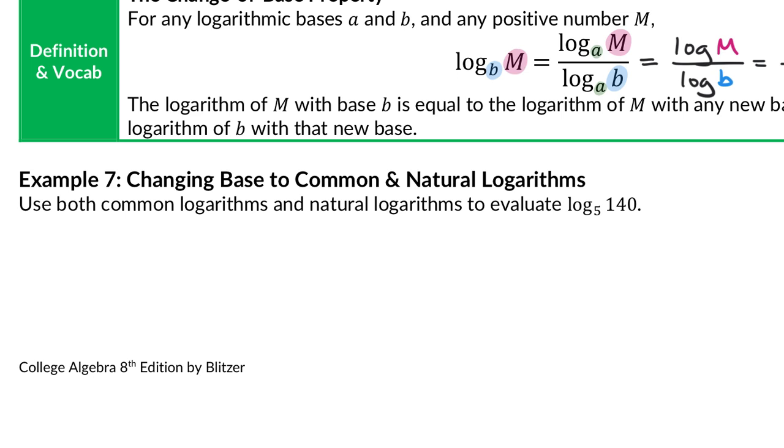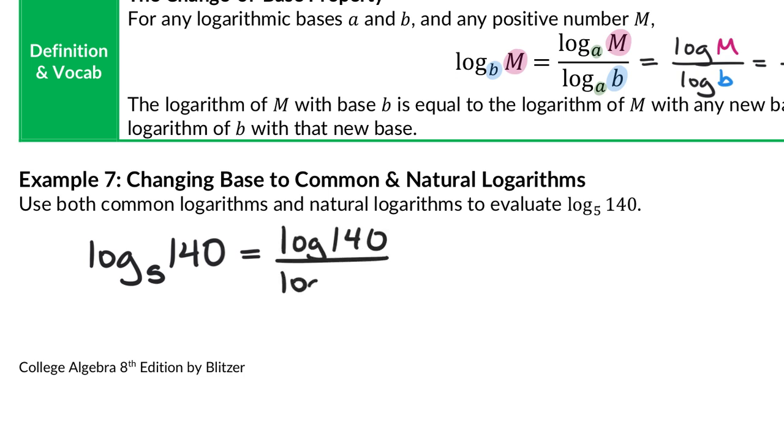So to be able to actually evaluate this log base 5 of 140, I'm going to type into my calculator common logarithm of 140 over common logarithm of 5, or I'm going to type in natural logarithm of 140 over natural logarithm of 5. And in fact, because it's our notes, we're going to do both. So if you have not grabbed your calculator, go grab it real quick so we can evaluate this common and natural logarithm and verify that they're correct.